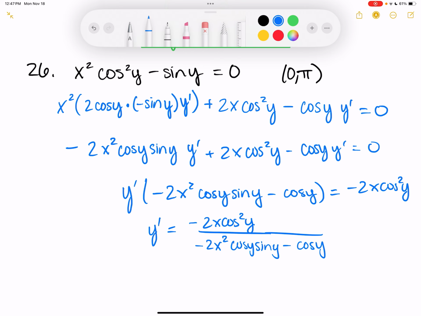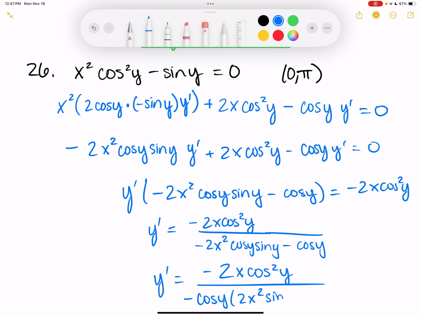It has a cosine. So let's take out on the bottom a negative cosine, and on the top we'll cancel the negative and a cosine. So negative 2x cosine squared y over negative cosine y times 2x squared sine y plus 1.